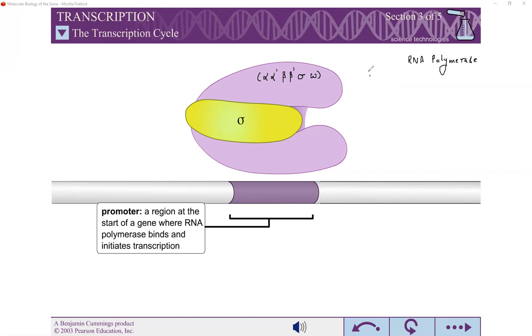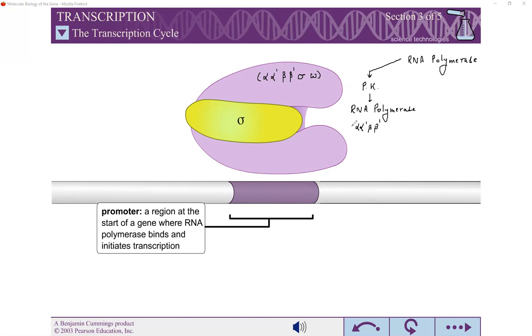When you are going to classify it, in the case of prokaryotes there is a single RNA polymerase. This RNA polymerase will have alpha, alpha dash, beta, beta dash, a sigma factor, and an omega.